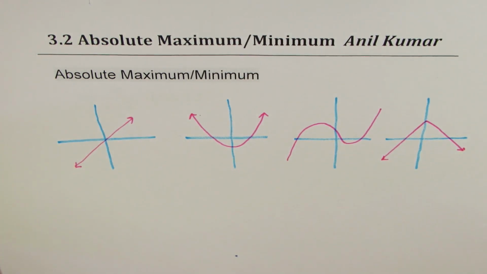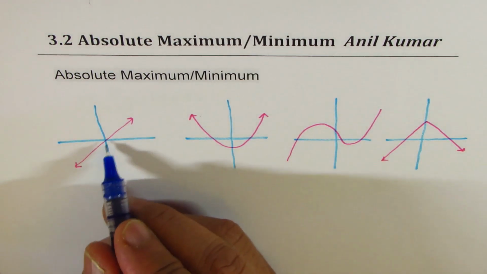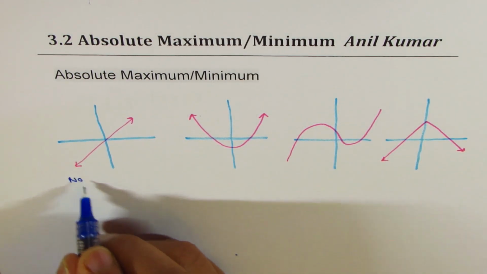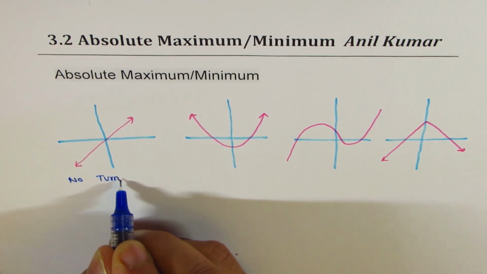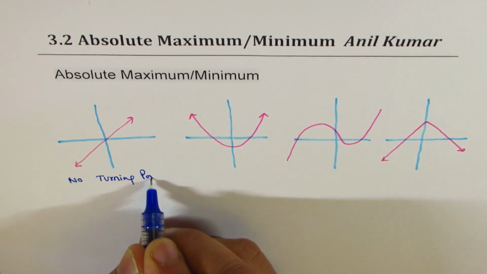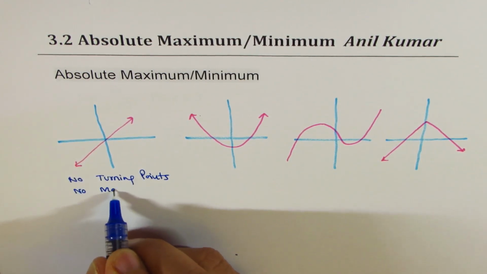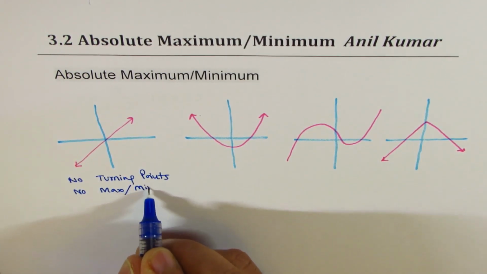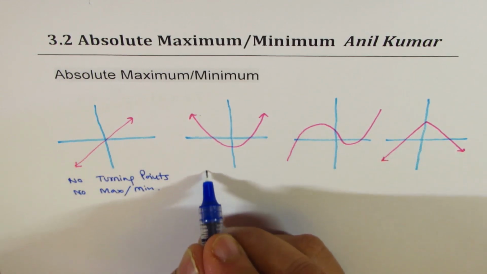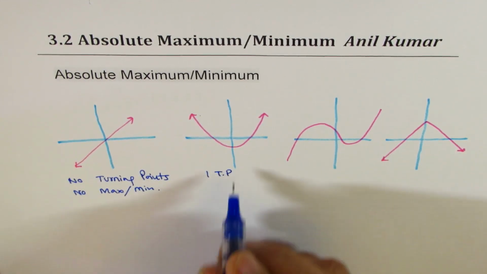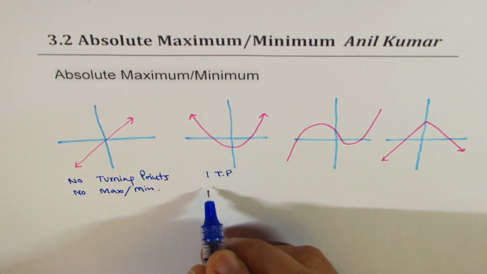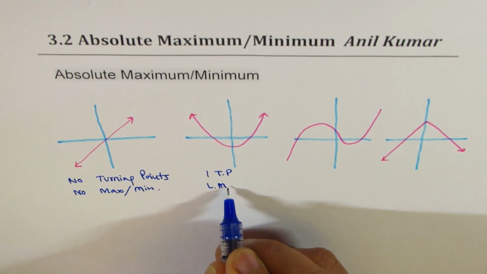What we notice here is that in a line, there is no maximum or minimum. There are no turning points, so no maximum or minimum value. Now here we have one turning point, and that happens to be a local minimum.